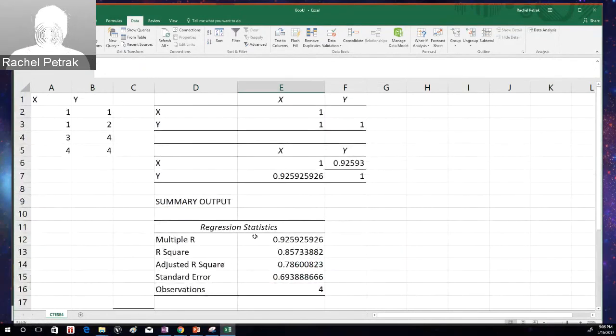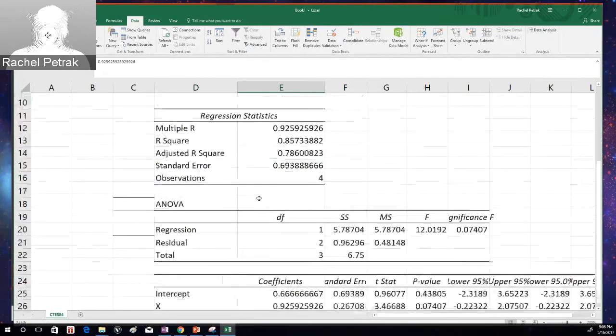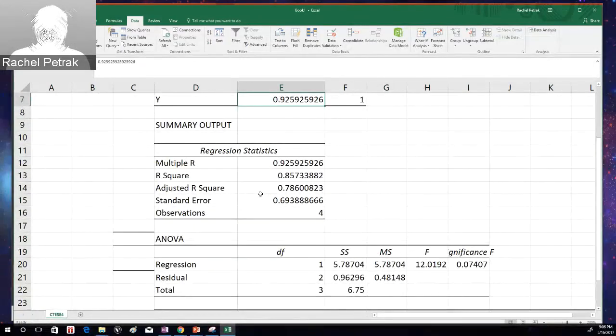So to review, we got the correlation by using the correlation function, and it's right here at the x by y. When we get the regression, that'll give us information about the slope and the intercept. And it tells us the correlation as well in the multiple R category, which you can verify is the same as your two variable correlation.